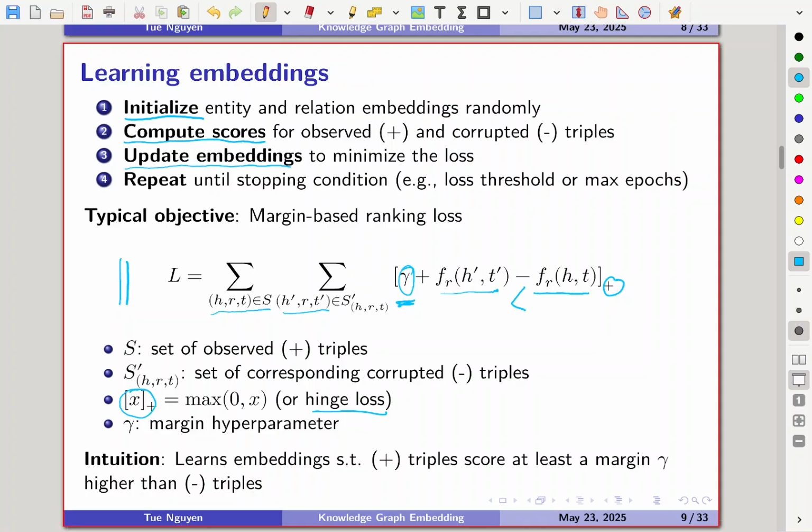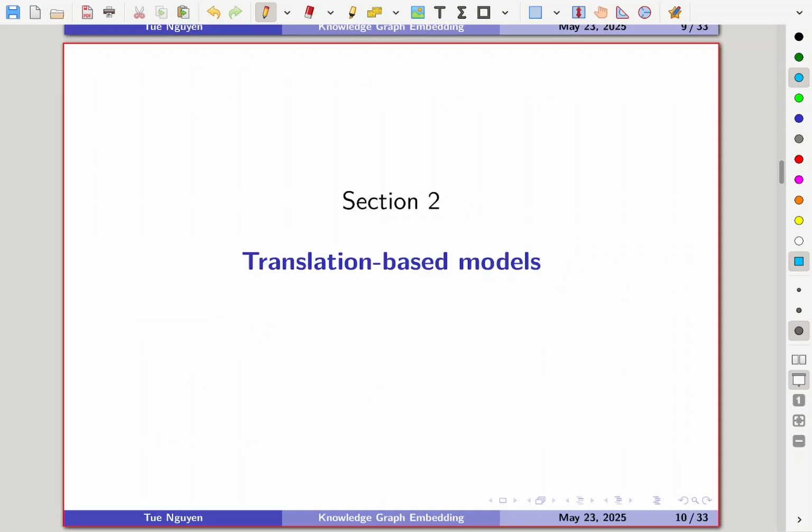We also want the positive example to be higher by at least some value, and this is the value gamma, called the margin. The intuition here is that the model will learn the embedding such that the positive example will score by at least a margin gamma higher than the negative triple.